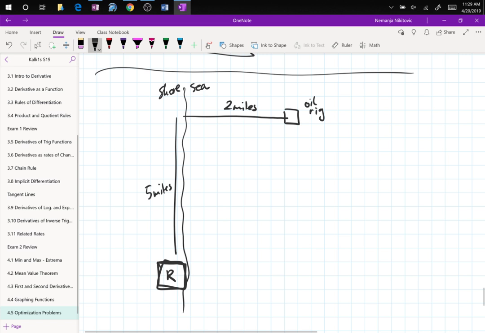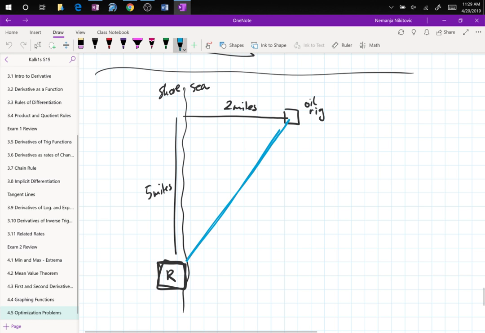So the cost of underwater pipes has to be much bigger than the cost of laying pipes on the ground. And clearly, we are presented with two options over here. One option is to run the pipes directly underwater, 100%, right?